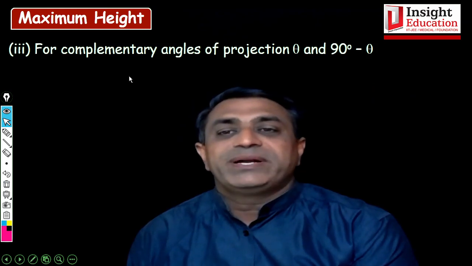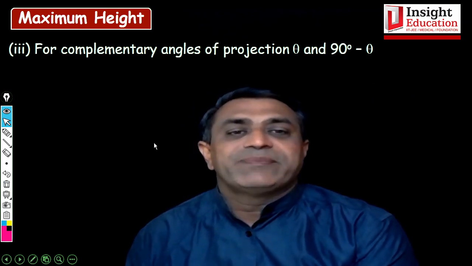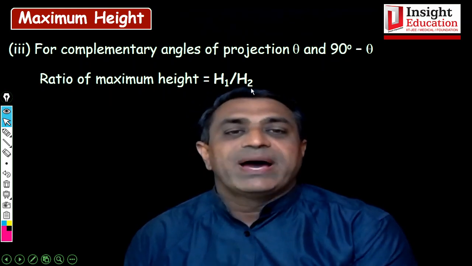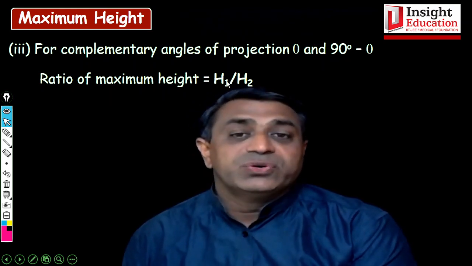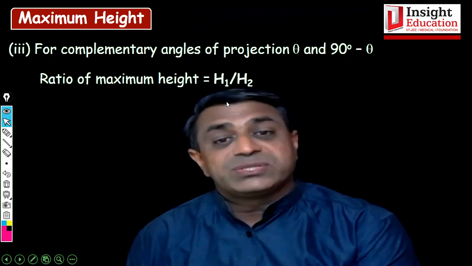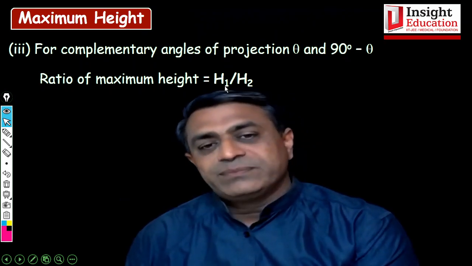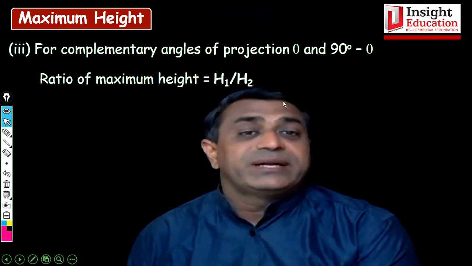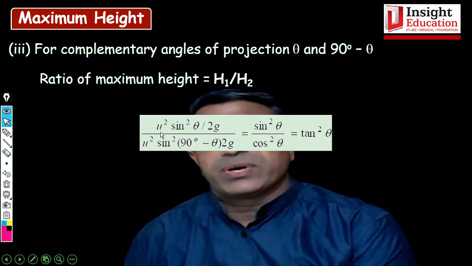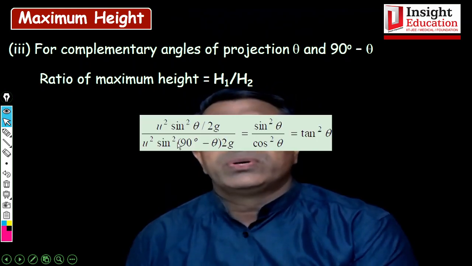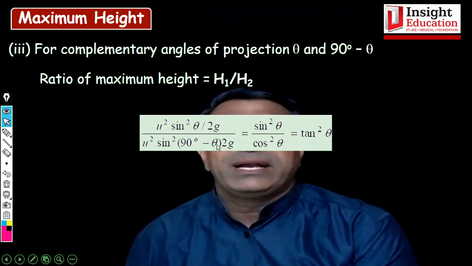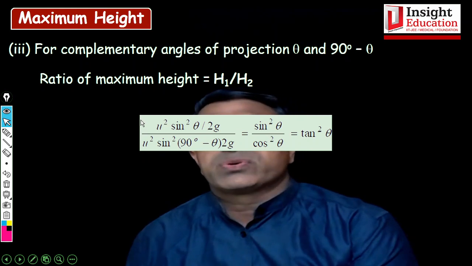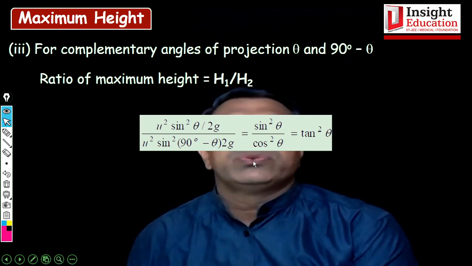Similarly, for complementary angles theta and 90 minus theta, if we take the ratio h1 by h2, h1 is u square sine square theta upon 2g, and h2 is u square sine square of 90 minus theta upon 2g. Sine 90 minus theta is cos theta, so we get sine square upon cos square; u cancels, 2g cancels.